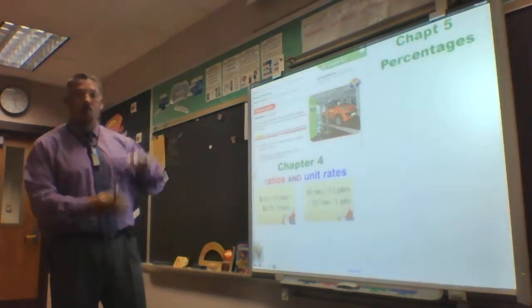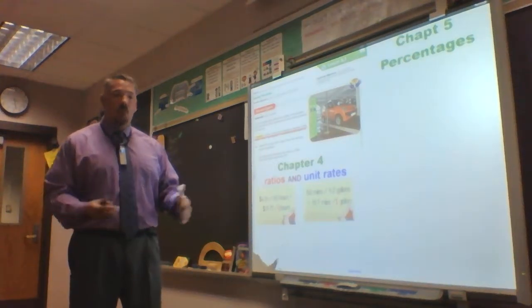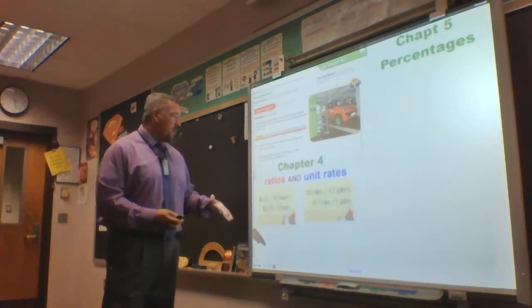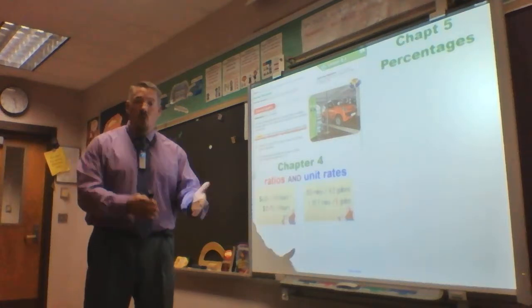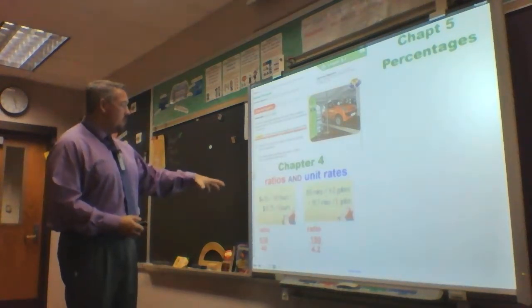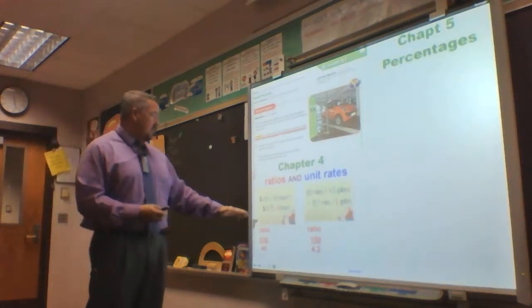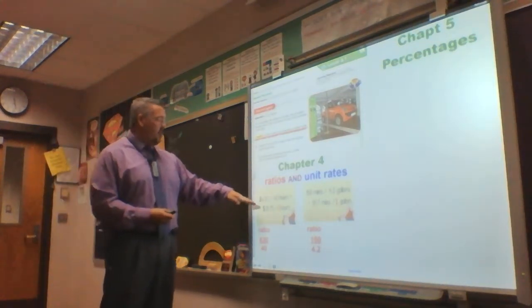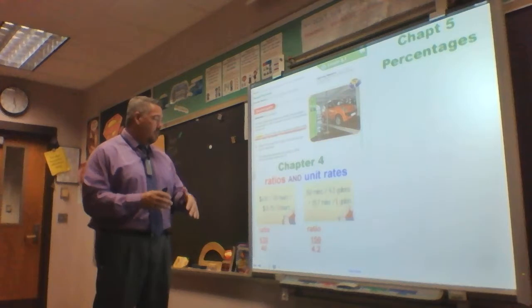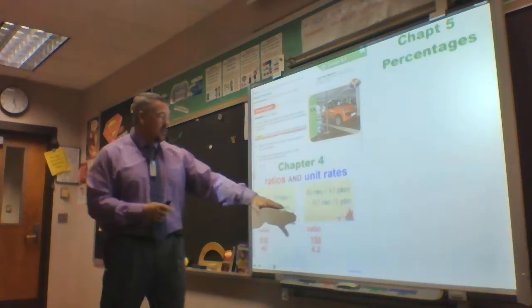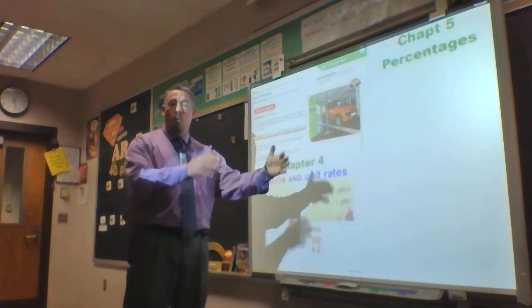Could be red to blue, depending on whatever the items are. And in unit rates, we've talked about how they had to be put over 1. So in both of these post-it notes that are being worked out, I see that my ratio that's originally given is 630 to 40, and on this one it's 150 to 4.2.